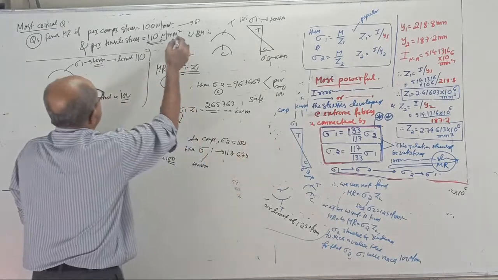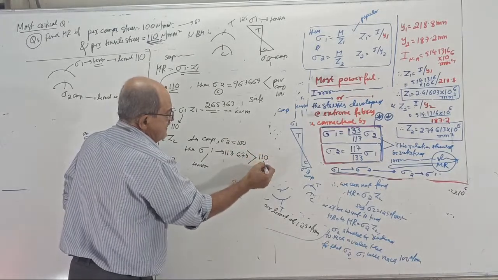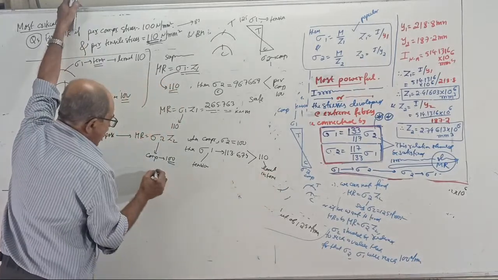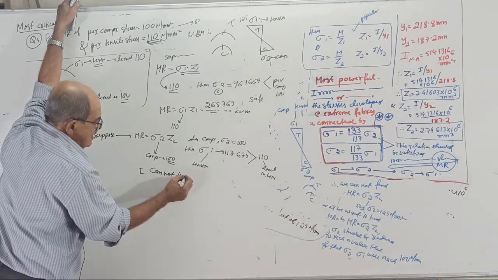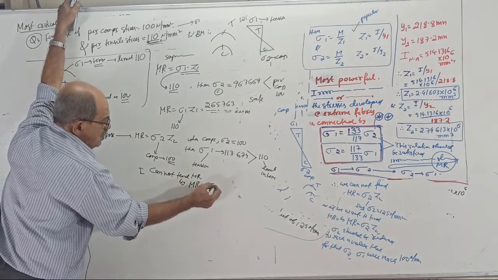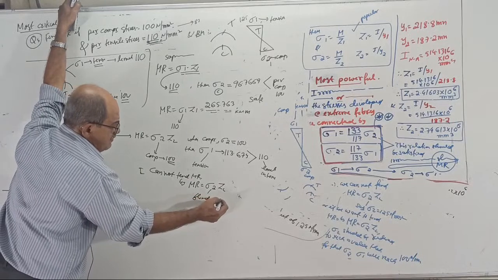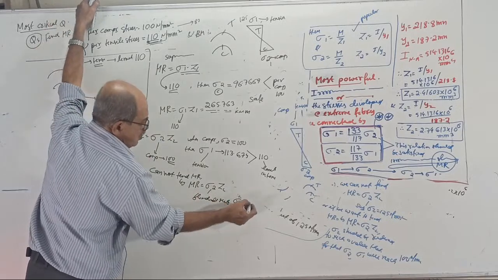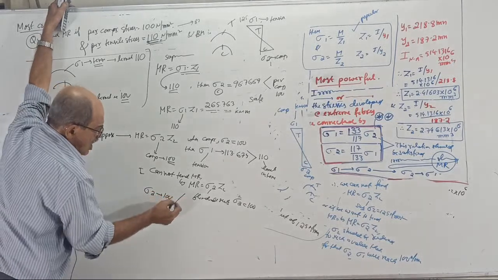Oh, the limit in tension is only 110. This is more than 110. Therefore, I cannot find MR by the equation MR equal to sigma 2 Z2 blindly substituting compression equal to 100. No, a sigma 2 of 100 is not allowed.